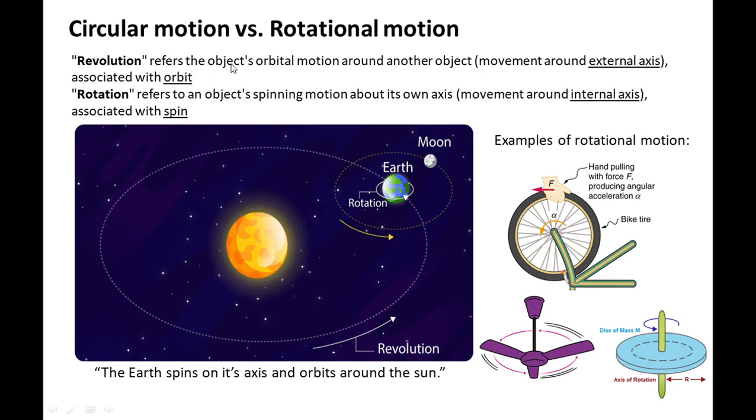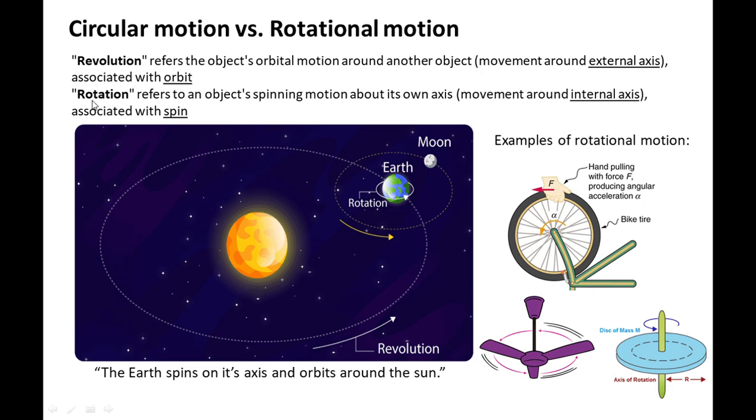This refers to the object's orbital motion, or motion around another object, or movement around an external point associated with an orbit. So say for example here, the motion of the Earth around the Sun, that is an example of a circular motion, or approximately circular motion, and that is a revolution.